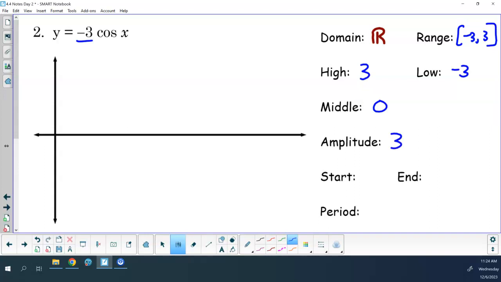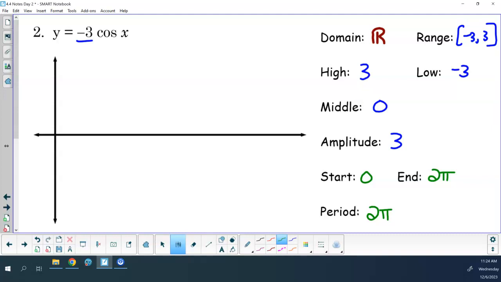It looks like -3 in the problem, but remember amplitude is a distance, so it's absolute value. Okay? Does the amplitude affect my start? No. Doesn't affect my end, which means my period is 2 pi. Now, here's the tricky part of the trick question. What is the cosine value at 0 degrees, 0 radians?